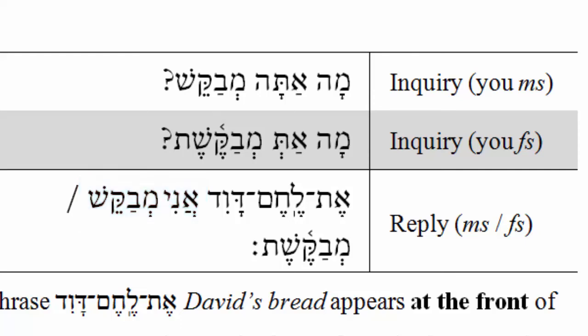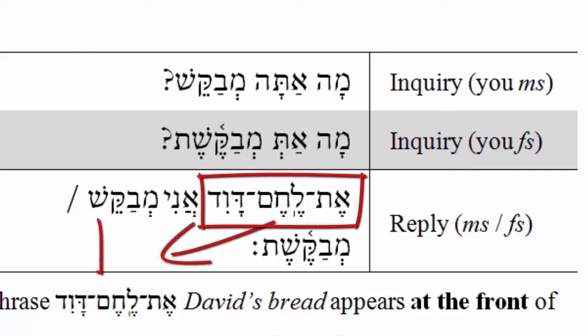That in itself would represent a sentence. If the speaker or writer is making no particular emphasis, then the object which he is seeking would typically follow that phrase. Ani mevakesh would be the first part, and then the object et lechem David would be the last part.